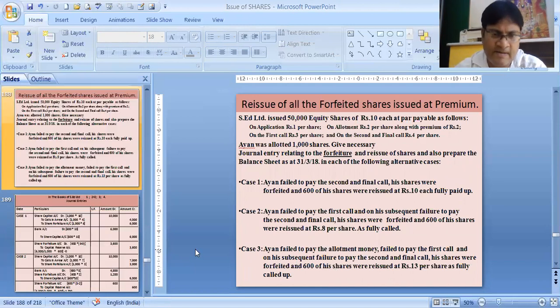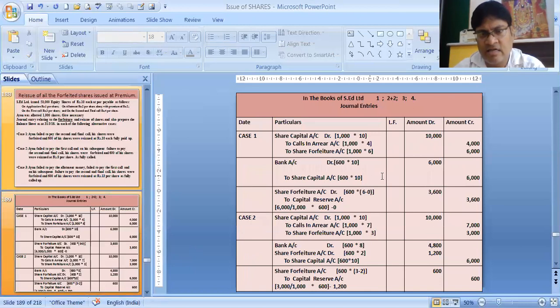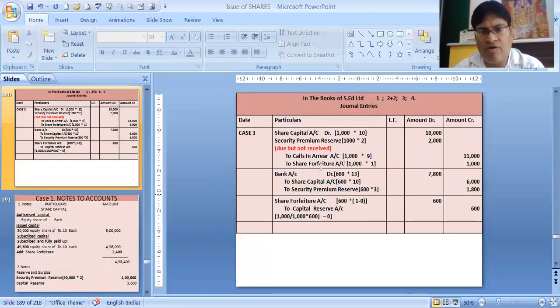He has not paid 9 rupees per share. That is, his calls in arrear should have been 9. And he has paid only 1 rupee. That means his share forfeiture should be 1000.